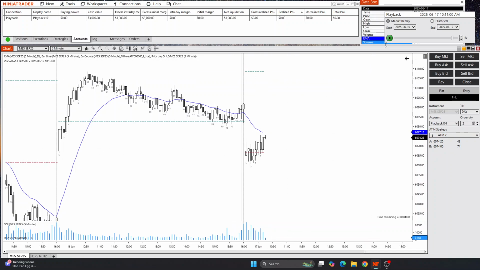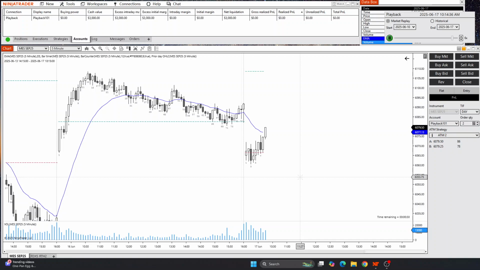So we broke out, pullback, and then here's the bull bar. One, two, three, but then one, and this all could be a second leg.